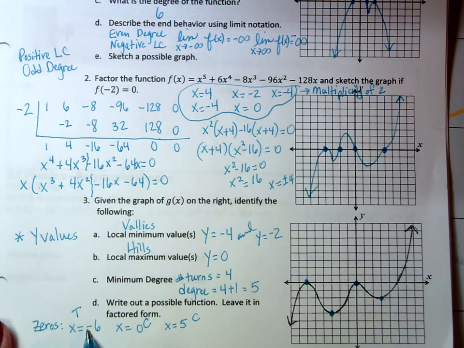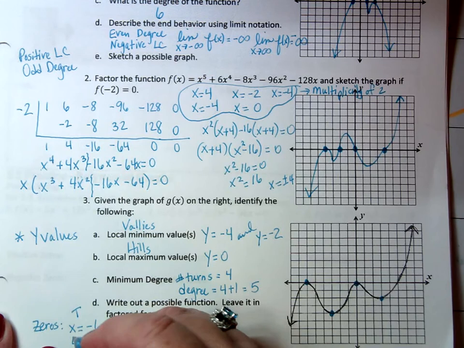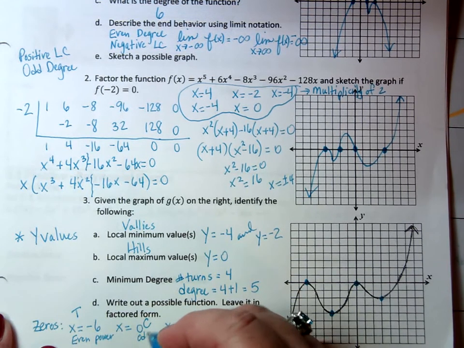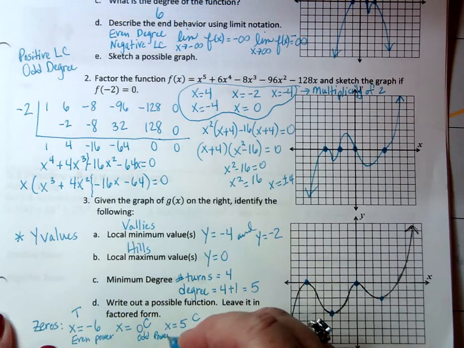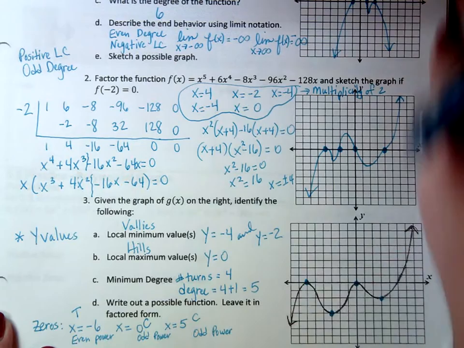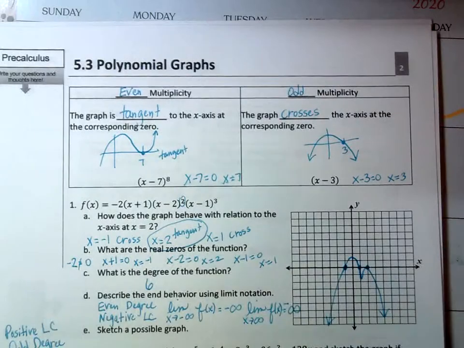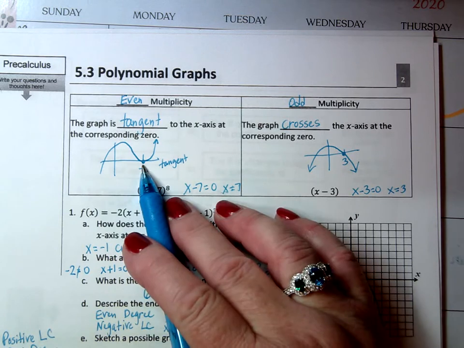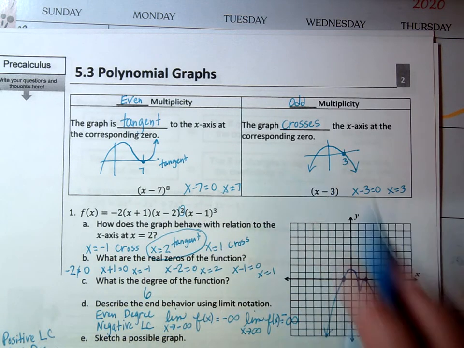This one has to have an even power. This one has to have an odd power. This one has to have an odd power. How do I know that? Because of this up here. If it's an even power, it's tangent. If it's an odd power, it crosses over. So that's where I'm getting it from. And they have to add up to be 5.